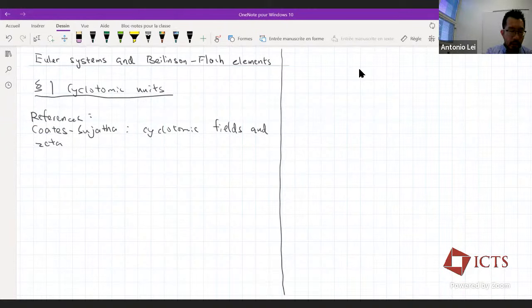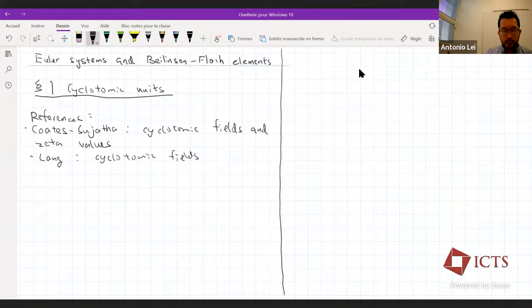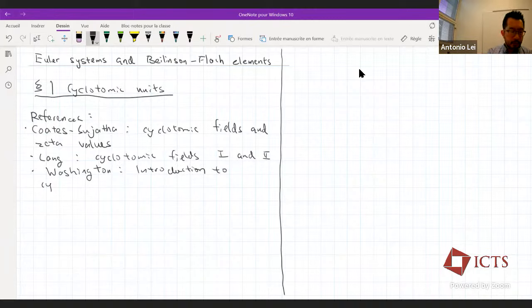This is the reference that I will follow really closely in this chapter. Other books that you might find useful are the book of Lang on cyclotomic fields, and another classic in this area, the book by Washington called Introduction to Cyclotomic Fields.